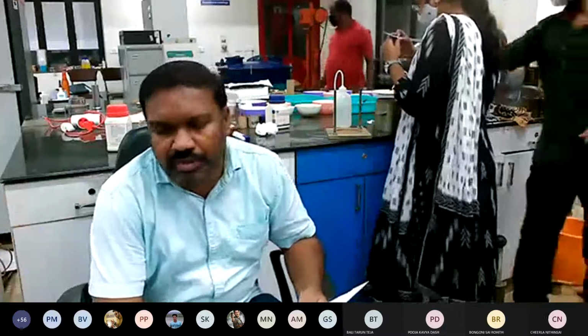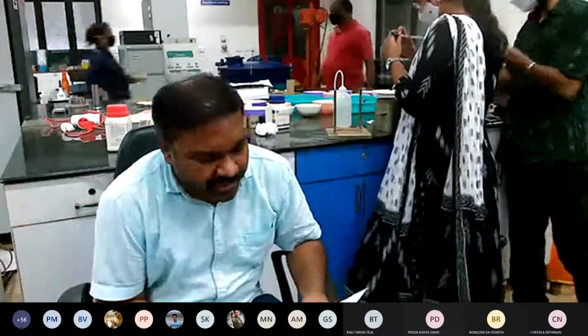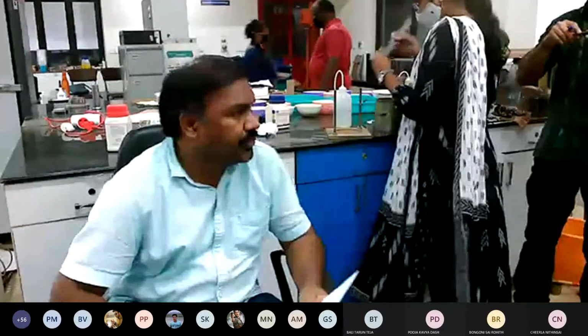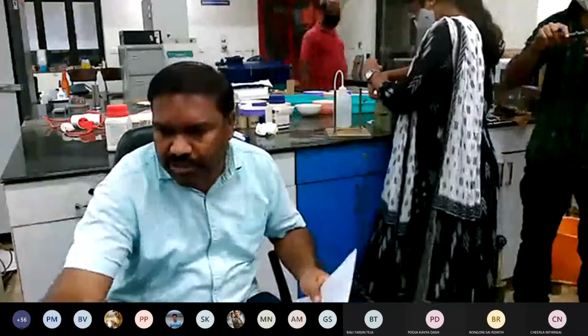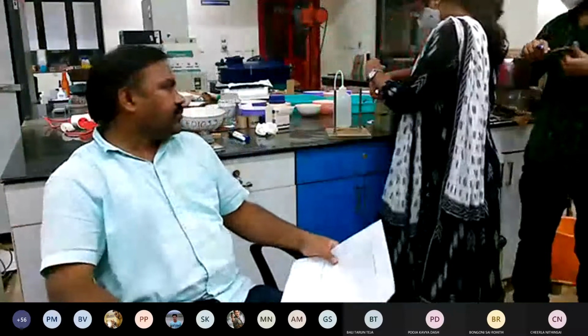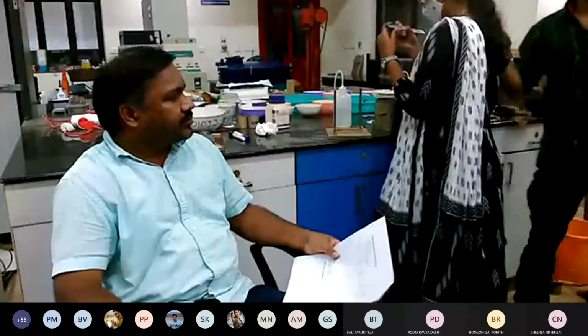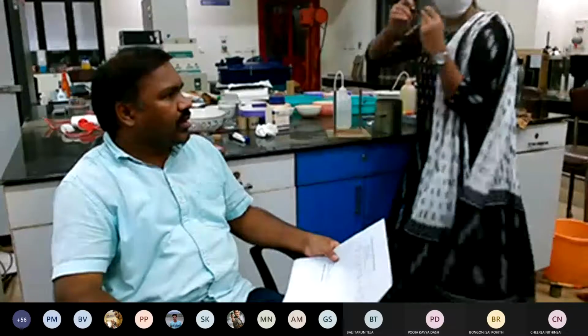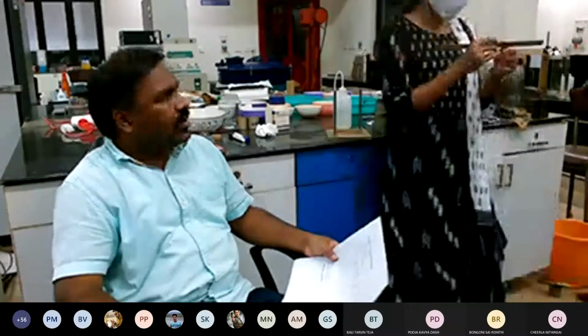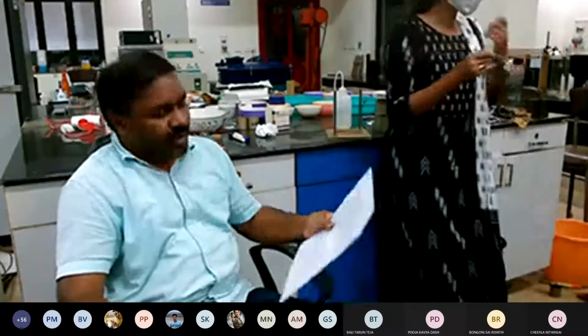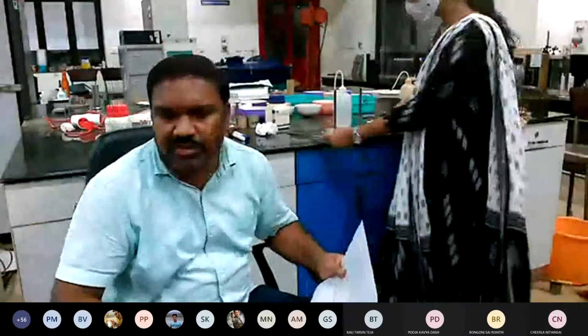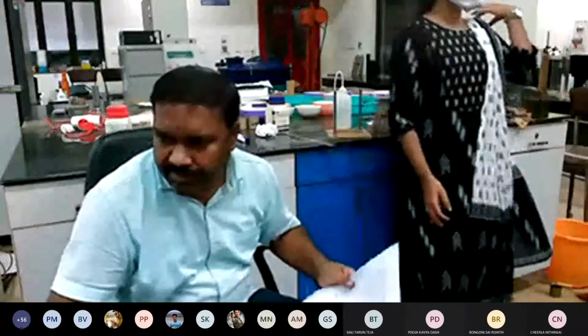Now we are measuring the height. The height of the mold is 127 millimeter.